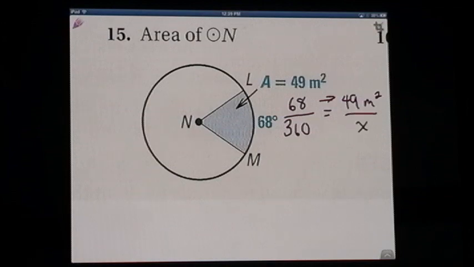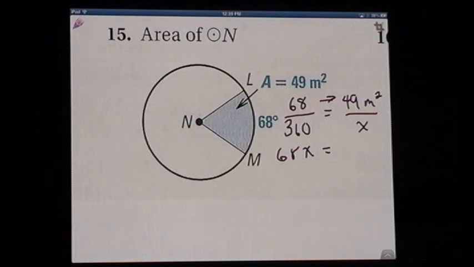And then x, and we get 68x is equal to 360 times 49, and we get 17,640. Divide both sides by 68, and you get 259.4, and that's x. Or 0.41. They didn't tell whether to go to the hundredths or the tenths.